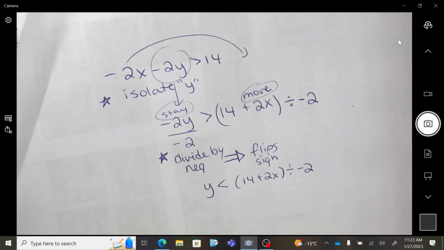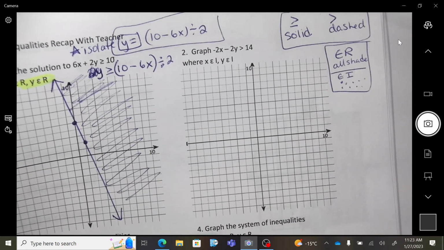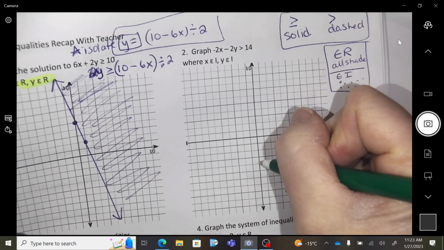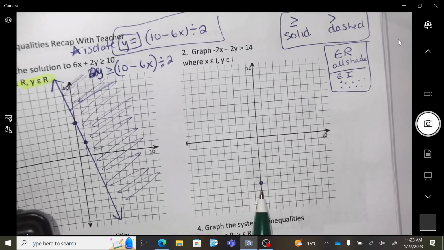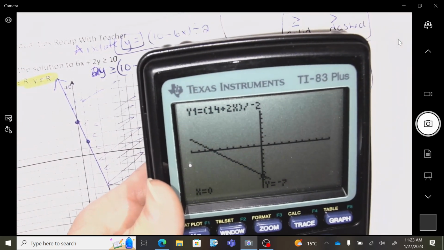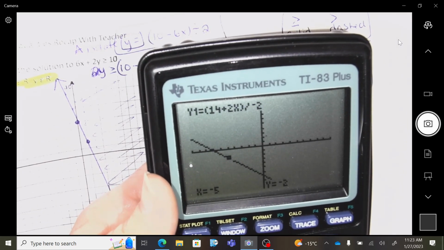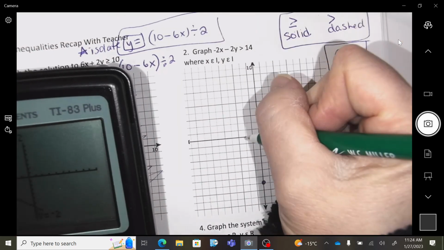Okay, there you go. It's ready for your calculator now. So I did a trace. So I got a coordinate 0, negative 7. I don't know. We'll go negative 5 was good. It gave me a negative 5, negative 2.